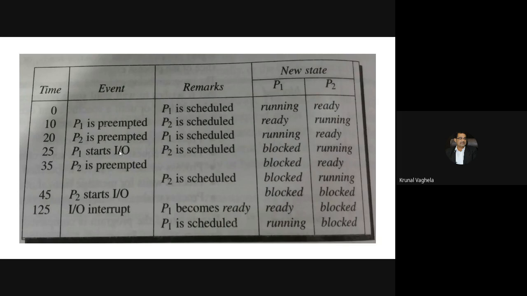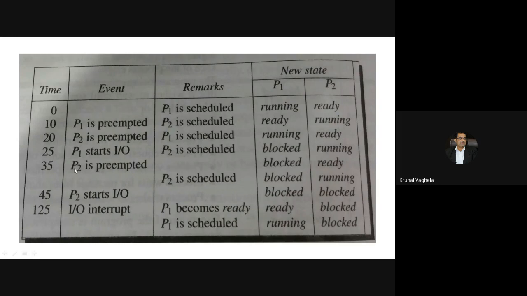IO means input output. So P1 will be blocked because it is doing some IO or waiting for IO. So P1 will be blocked. It is not using the CPU and P2 is scheduled. So P2 is now going from ready to running.